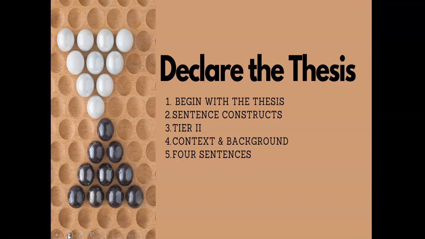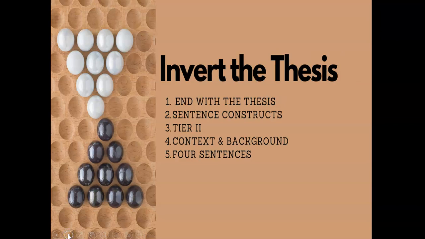So with my students, and when I write, I always declare the thesis for rhetorical analysis. For synthesis, argument, persuasion, and research, it's a 50-50 coin flip. It's totally contingent upon the prompt. You can either declare or invert. But for the purposes of literary analysis, it's always best to go with this guy, the inverted thesis.